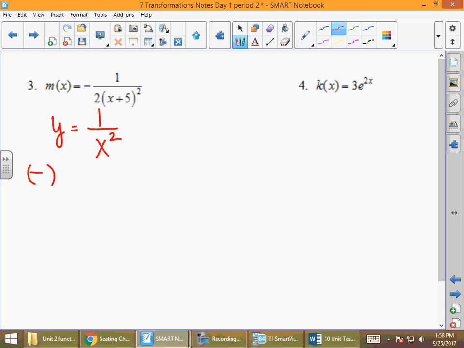And are we going to reflect over the x, or are we going to reflect over the y? And it's x. And I hope this isn't completely new to you. We did spend a considerable amount of time in Algebra 2 last year talking about this.